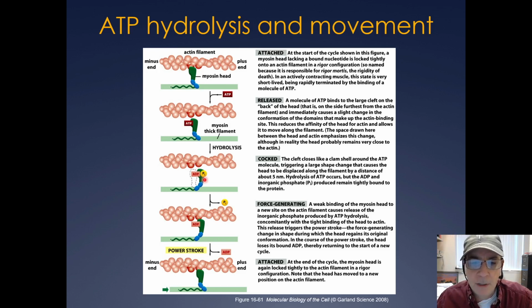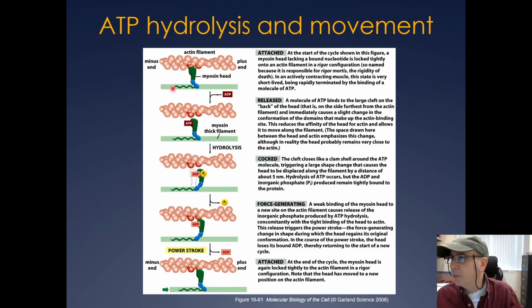Then upon release of the inorganic phosphate, it reattaches to the actin, and when the ADP is released, that's when it undergoes the force generating power stroke movement, and then it returns to its attached rigor state. So that's a pretty straightforward thing. You guys should really know how the power stroke works here for actin.